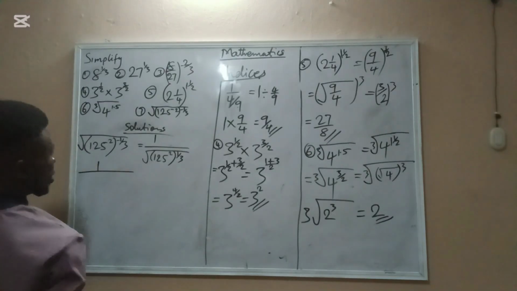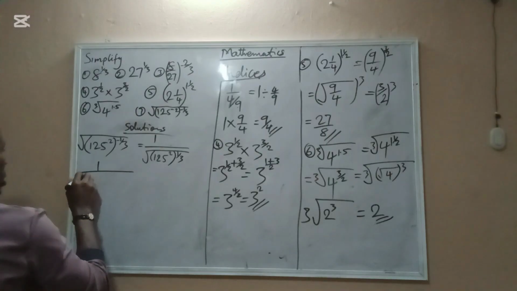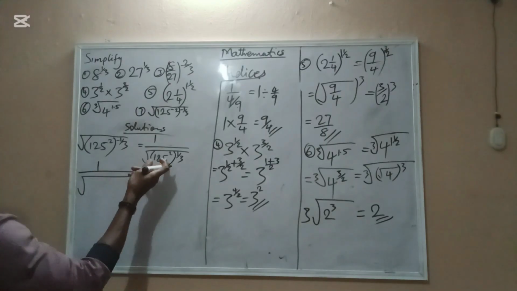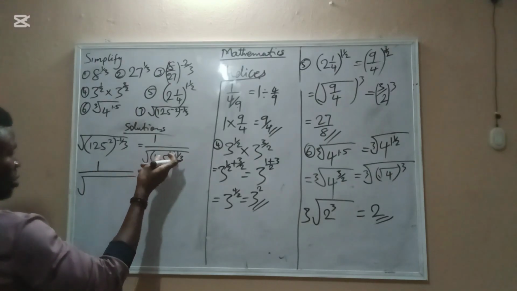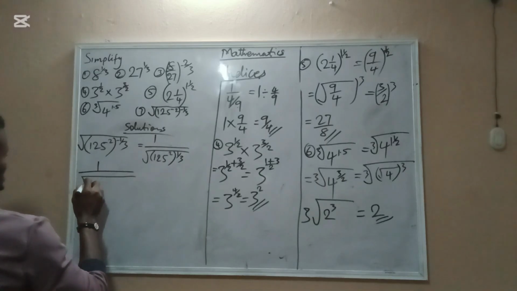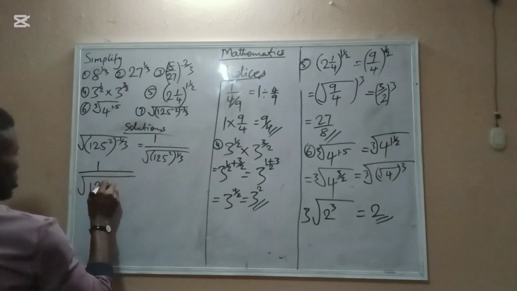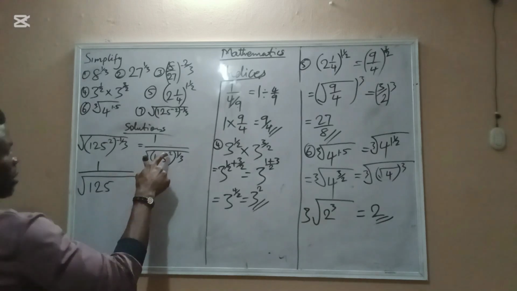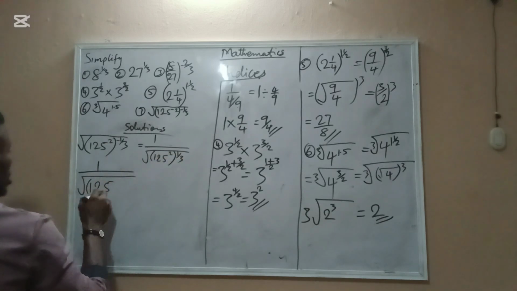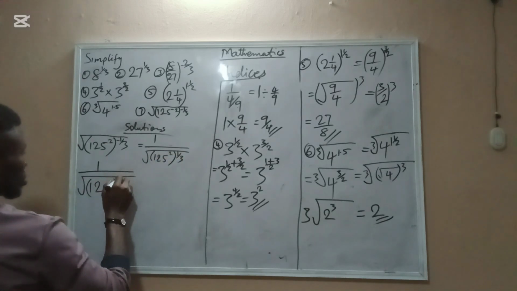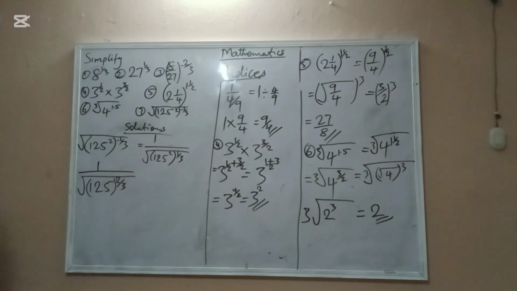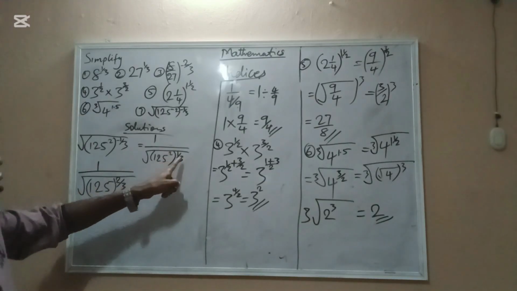One over square root of, remember this is a double power, 125 raised to power 2 over 3, right? This is a double power.